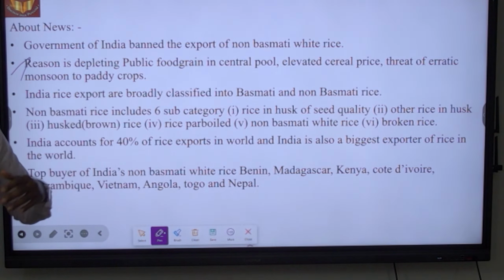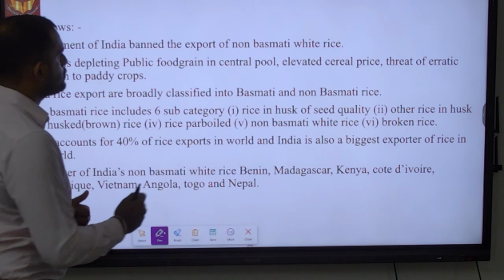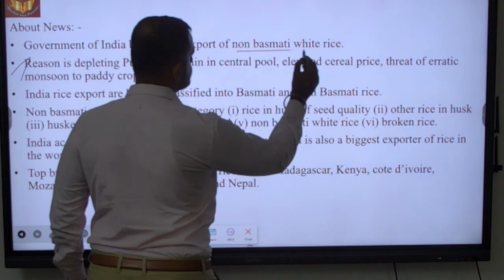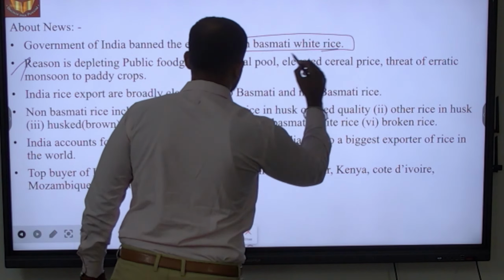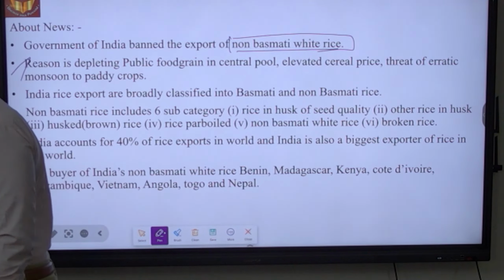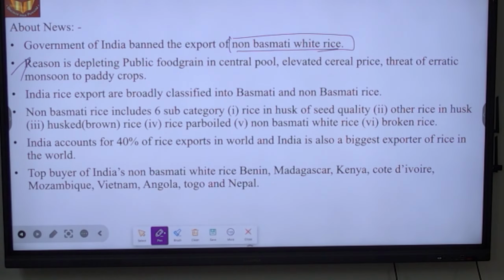So considering the future situation, they have now banned the export of non-basmati white rice so that it could be useful for domestic consumption. These are the three reasons under which the government of India has banned the export of non-basmati white rice.